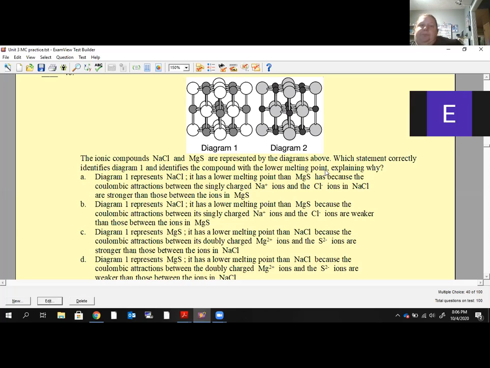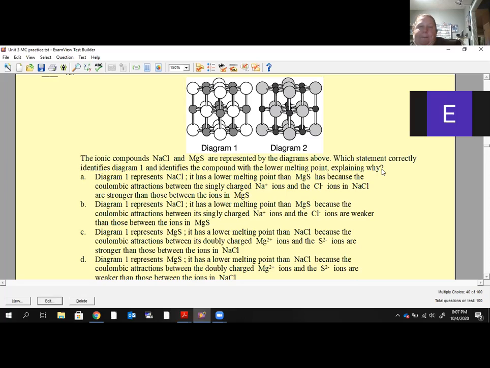Yep. And that would just be because it has a higher charge. So the sodium chloride only has +1, -1 charges. So that would be weaker than magnesium sulfide, which has +2 and -2 charges. Yes. Okay, good.